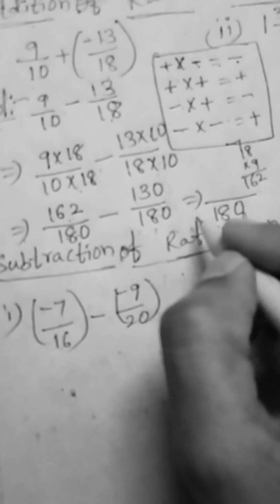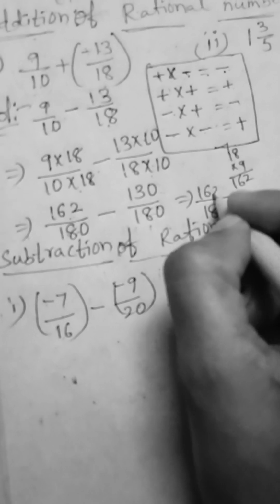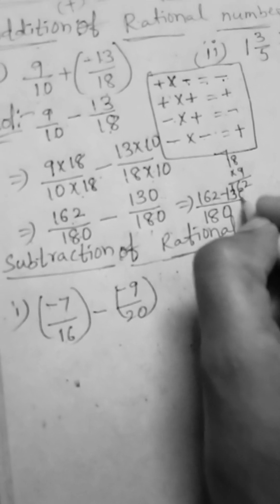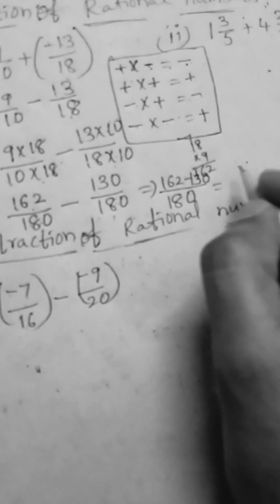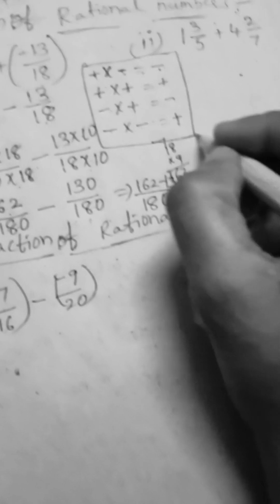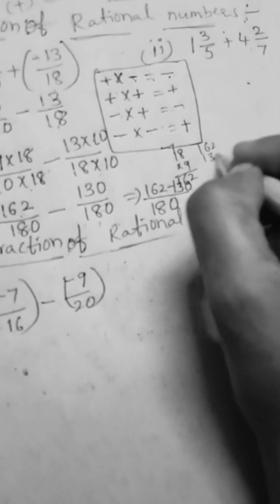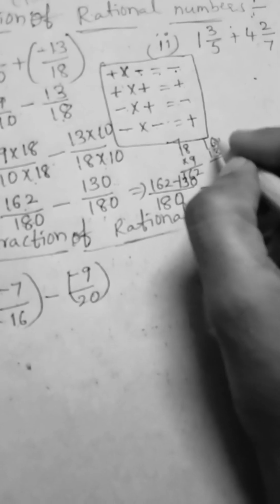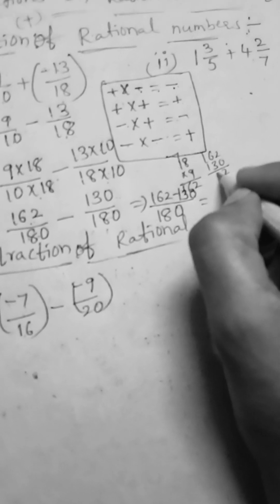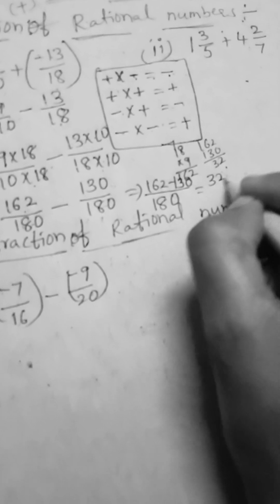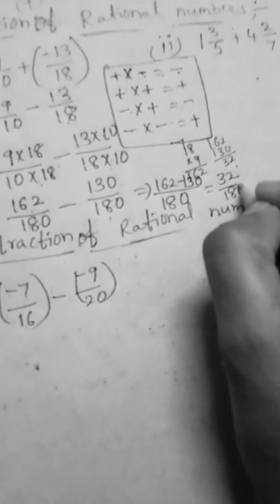Now here 162 minus 130. 162 minus 130 what? 32. Now 32 divided by 180.